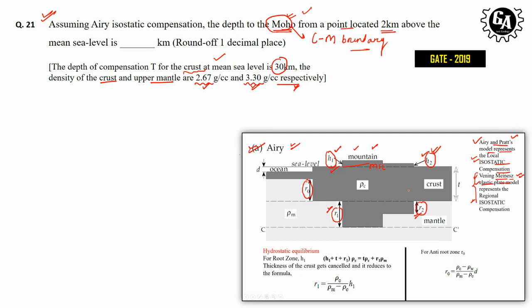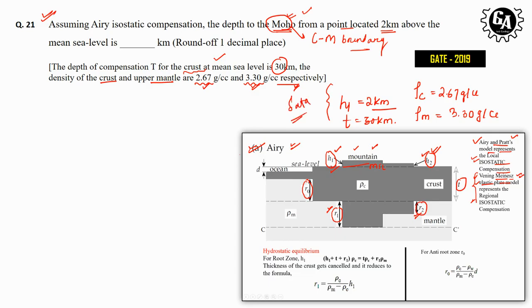Here h1 is given as 2 kilometer, and t is given as 30 kilometer, the thickness of the crust. The density of the crust is 2.67 gram per cc, and the density of the upper mantle is 3.30 gram per cc. These are the data we have.